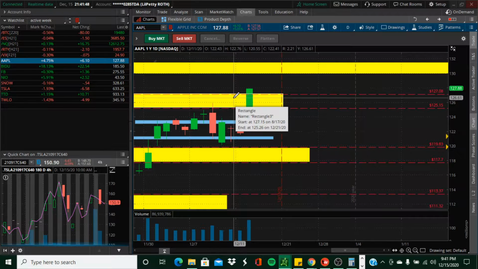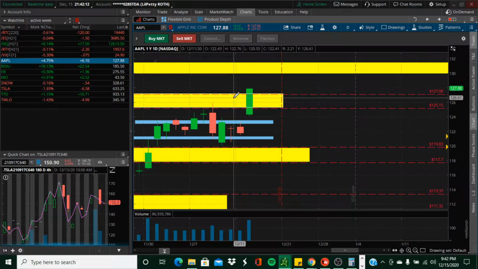Let me rewind. There are different ways with options to take advantage of bullish plays or bearish plays. With a bullish play, you can do a debit spread, and you can also do a credit spread. It all depends on how you set it up. If you do a call debit spread, that means you're bullish. If you do a put credit spread, that means you're bullish.